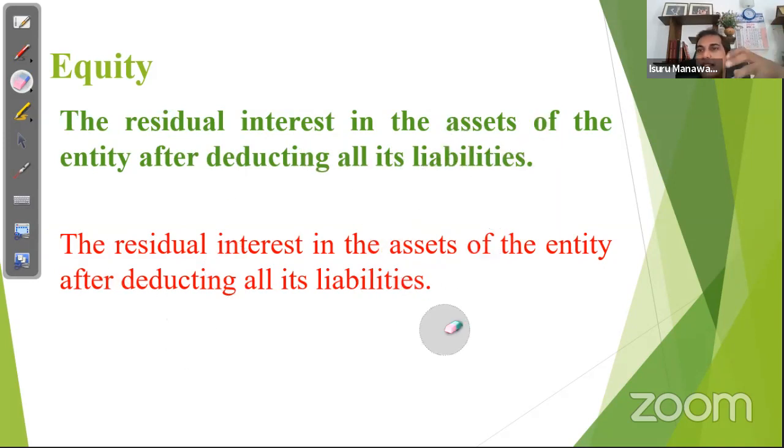Initially we said equity is the resources invested by the owner. That's a simple definition. But if someone asks what is equity, you should answer based on the conceptual framework: residual interest in the assets of the entity after deducting all its liabilities. That is the definition.